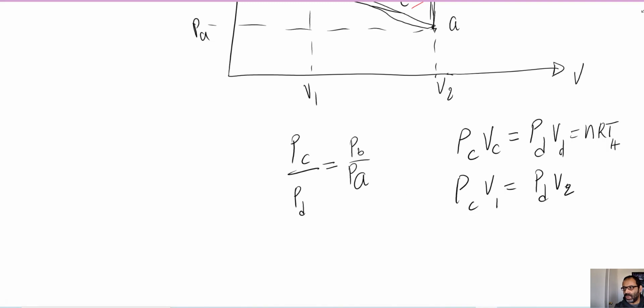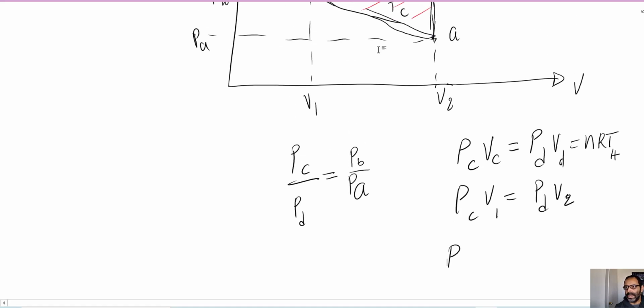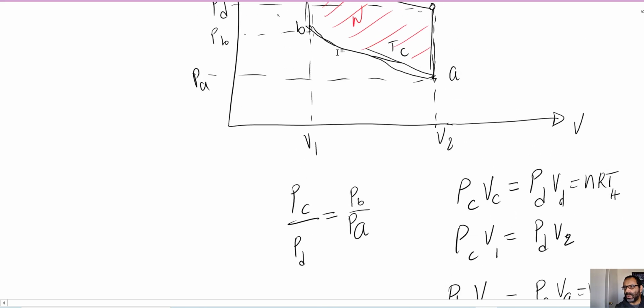The same thing, I'm going to look at the second isothermal. PB times VB is equal to PA times VA, which is equal to nRTC. Again, this is another isothermal in here.